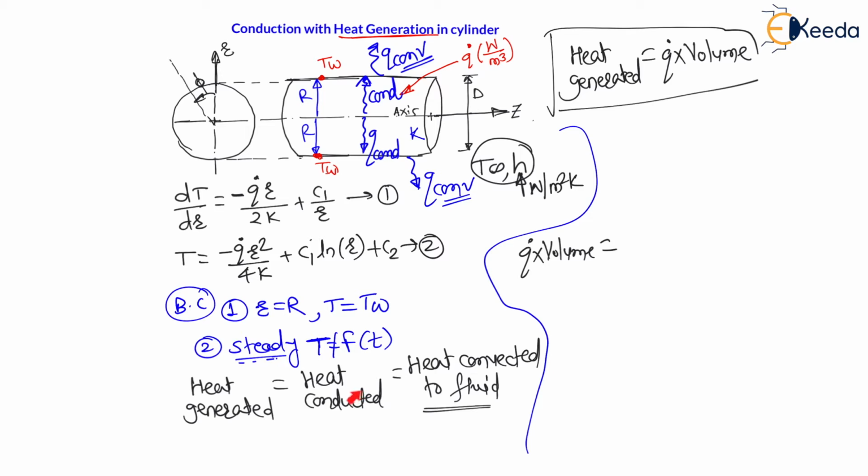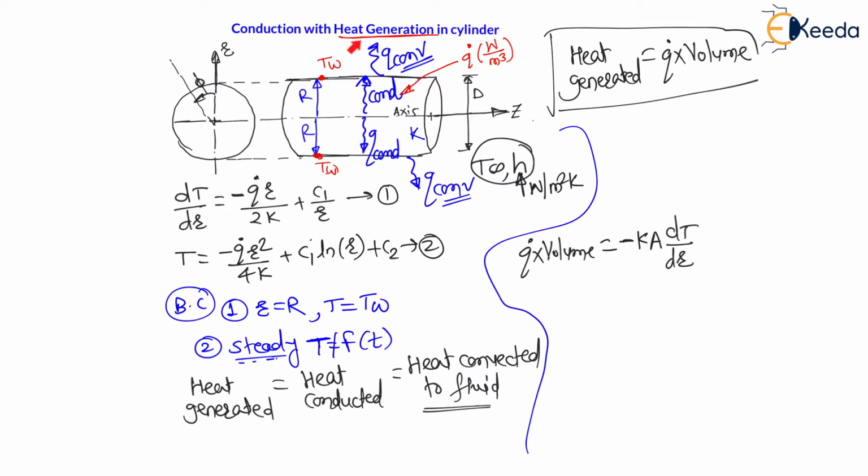Heat conducted, as per Fourier law of conduction, is minus kA dT by dr. For conduction we consider the area perpendicular to the direction of heat transfer.